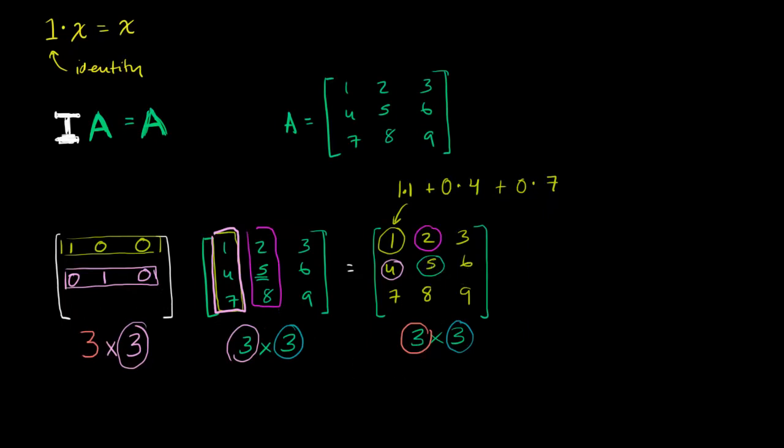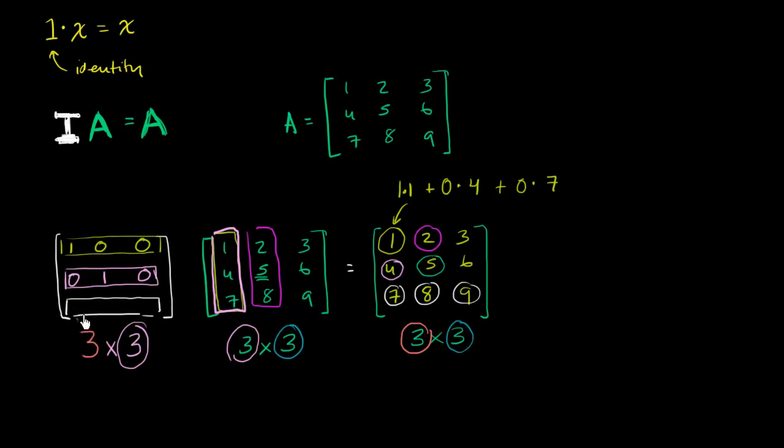Now for this last entry, for this bottom row right over here of our product, we're going to have to multiply this row times these columns, or take, I guess you could say, the dot product. So to get the 7, we want to take the dot product of this row and that column.